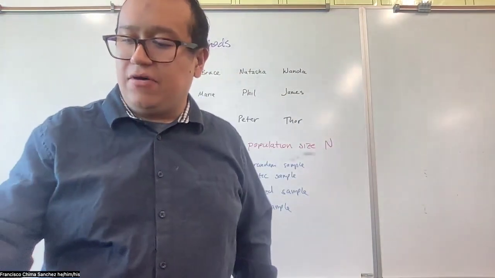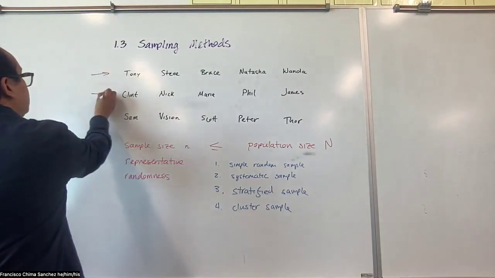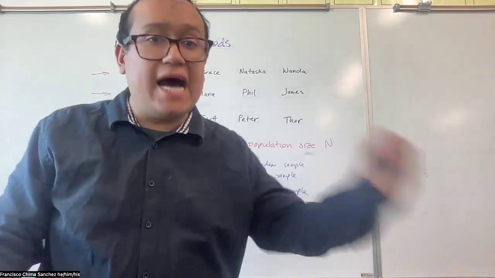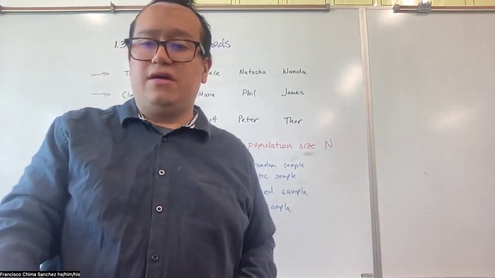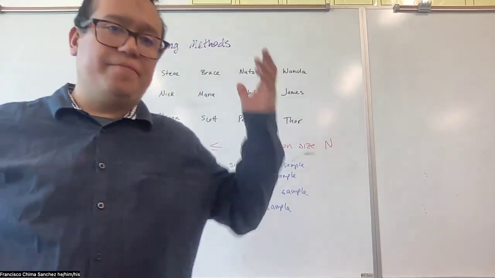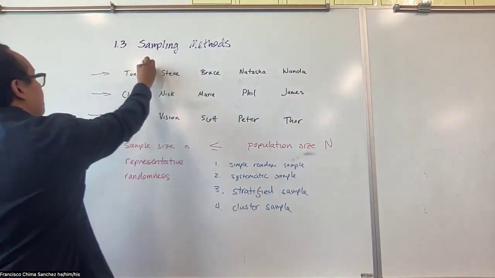So let's say I'm going by rows, right? So 1, 2, 3. So in this case, I'm going to pick an entire row based on a random number that I'm generating, right? So let's say I happen to get the number 1. So this is it.